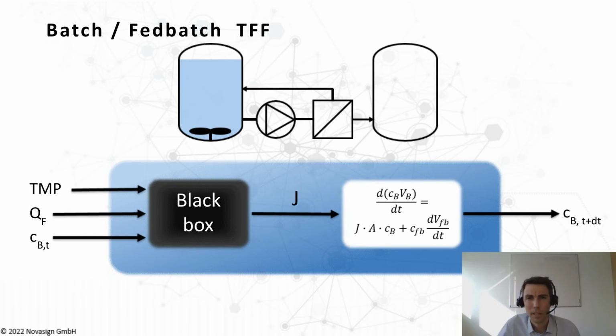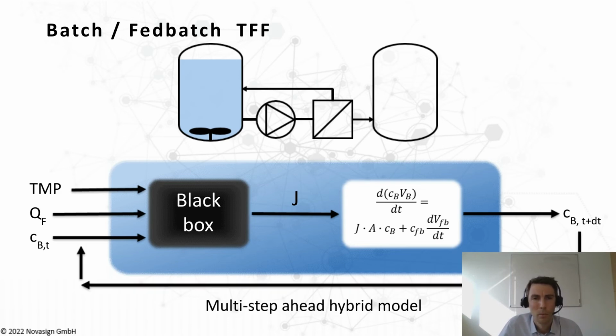Based on this mass balance, a new concentration was predicted after a certain time interval. Then we take this new concentration and put it back into the iterative loop. By doing so, you can get a multi-step ahead prediction, and you can predict the duration of the process, or the outcome of this process, depending on your input parameters. This is a very simple but clever structure in order to model such a process.